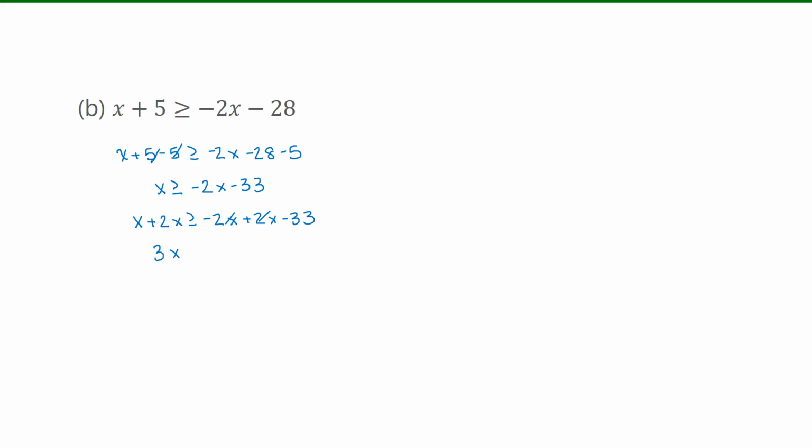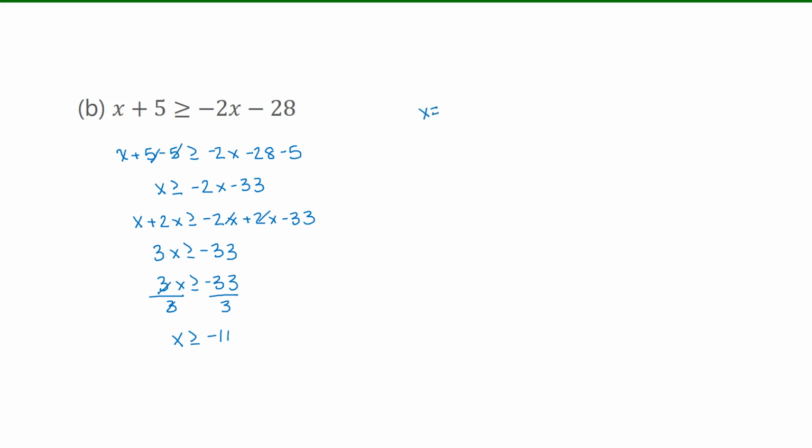So we get 3x is greater than or equal to negative 33. Now we need to divide by 3. And I get my answer. x is greater than or equal to negative 11.